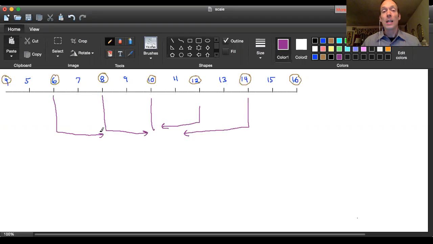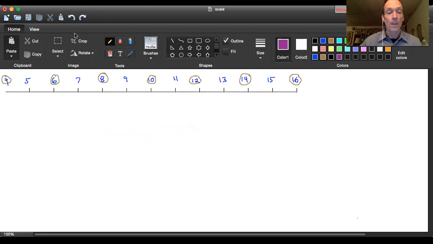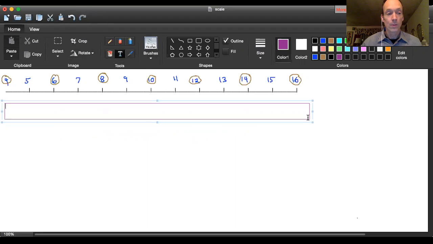So now that we know that, before we get into the computations, let's write a few important takeaways here. We're going to undo this, and let's write in a text box here. We're going to say, basically, the standard deviation is trying to determine the average distance.